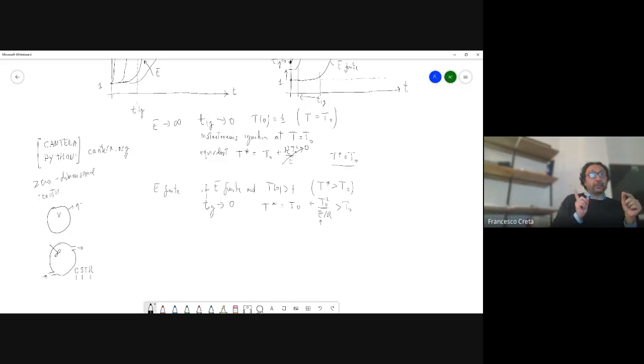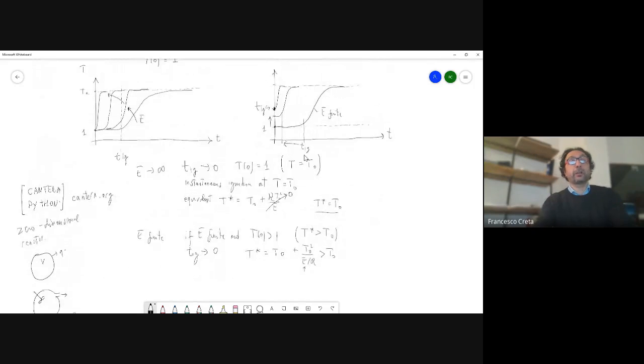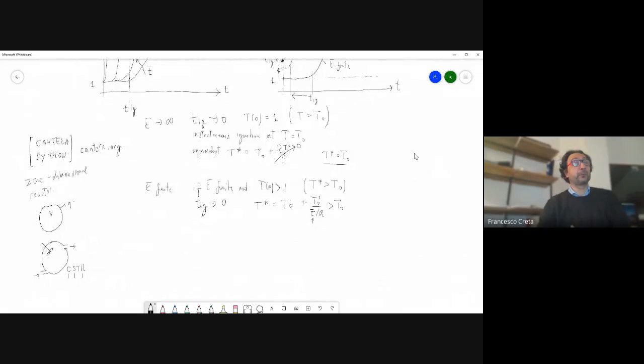Now there is a competition between this dynamic that we saw here, this ignition time. It takes some time for the system to ignite, right? But you're also introducing a time scale, a residence time of your fresh mixture.